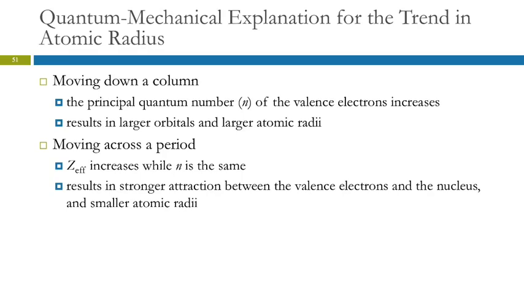So the floors don't move, but you're putting electrons in the same floor of the hotel, and now that front desk is just more appealing to them because that effective nuclear charge is increasing. That part of the analogy just doesn't work very well. Stronger attraction. So you need to know these periodic trends.